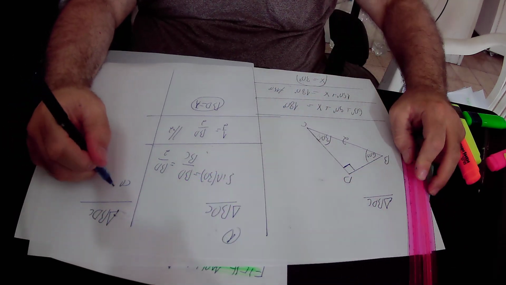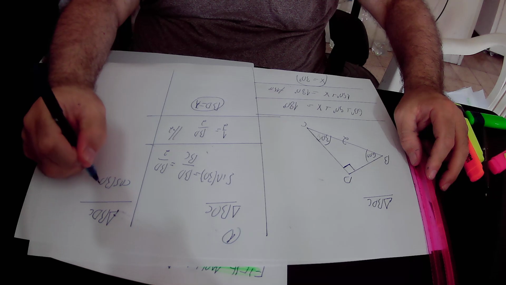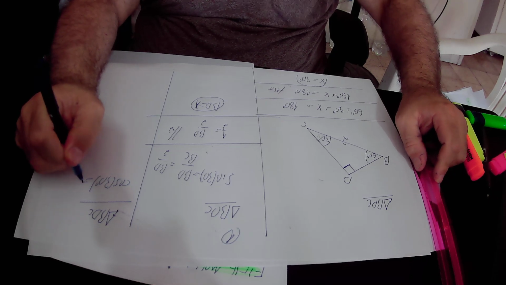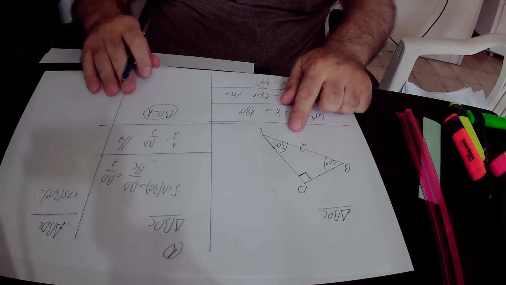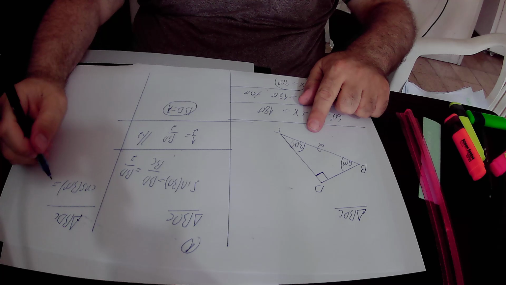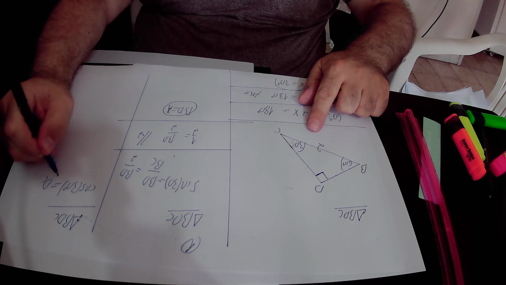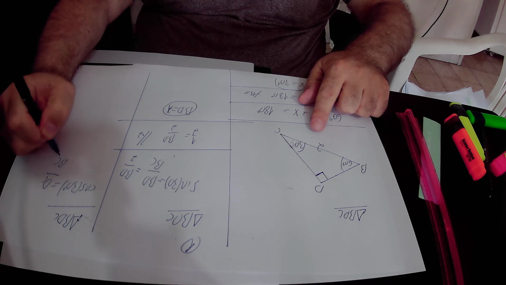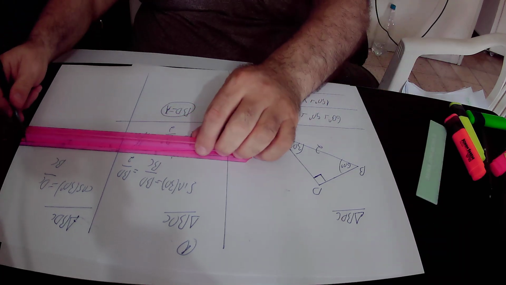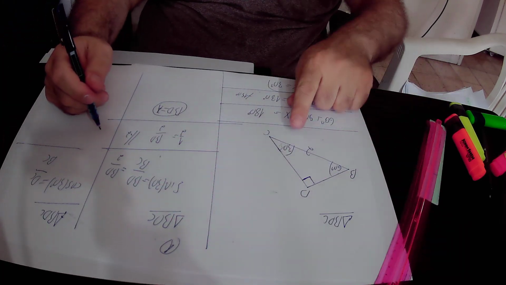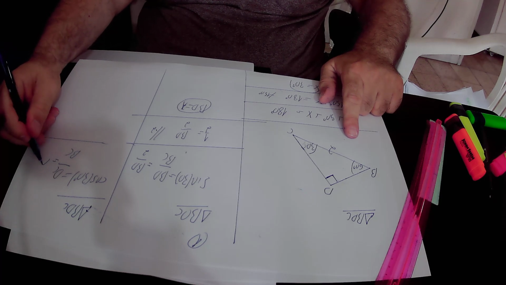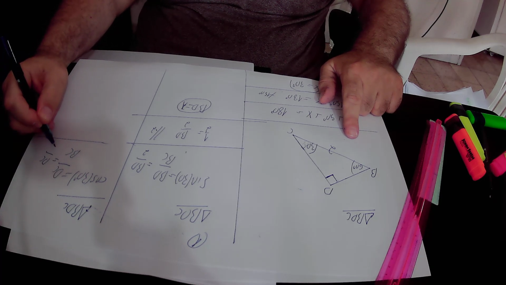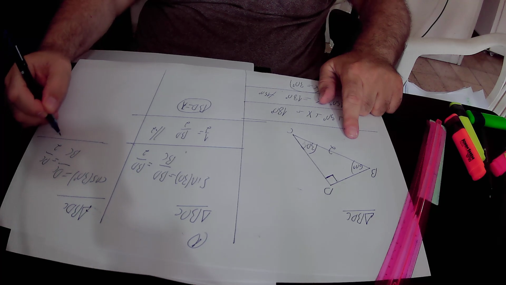Cosine 30 degrees equals DC over BC. So it is equal to DC over BC, and BC is 2, so we substitute BC by 2.